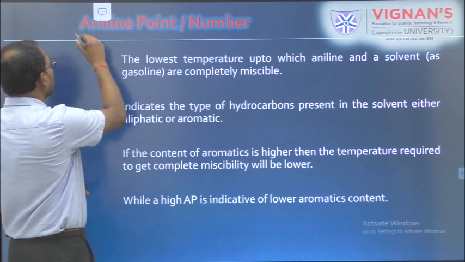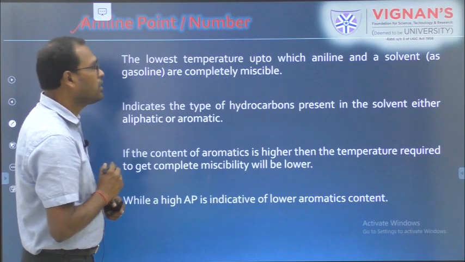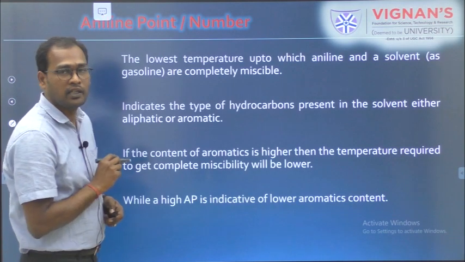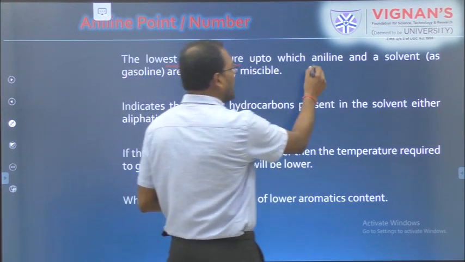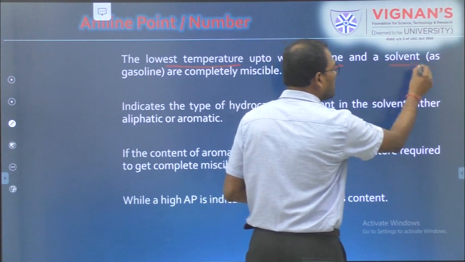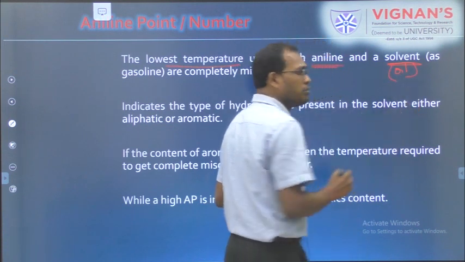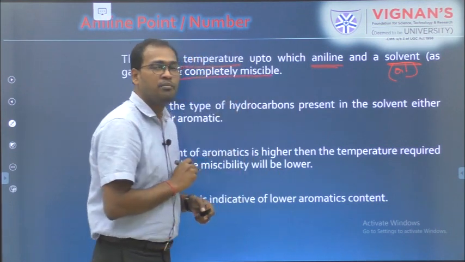The next property which we are going to see is aniline point or aniline number, and this is nothing but the lowest temperature up to which aniline and the solvent, which is nothing but the oil to be tested, remain in a completely miscible state.